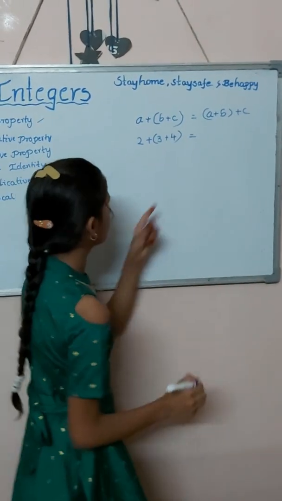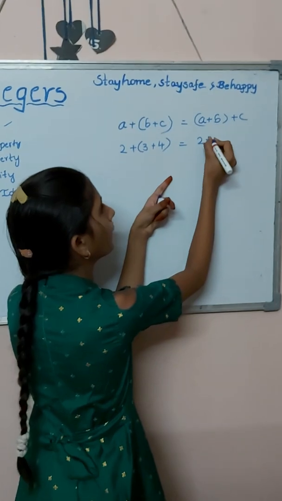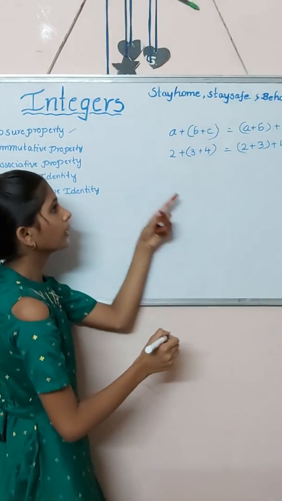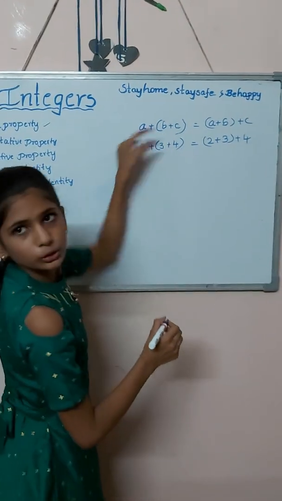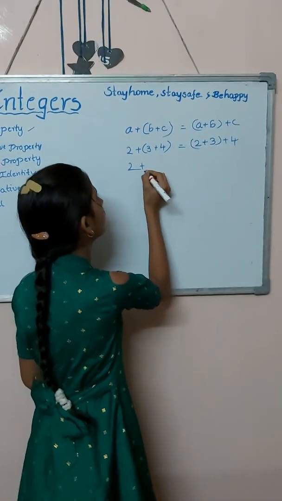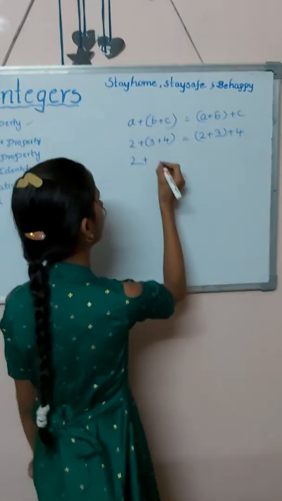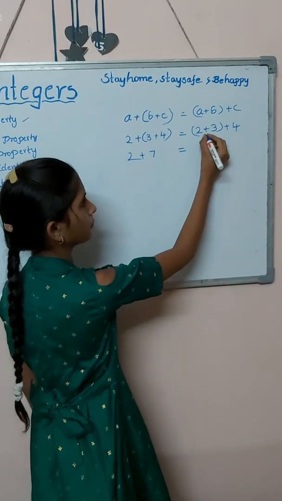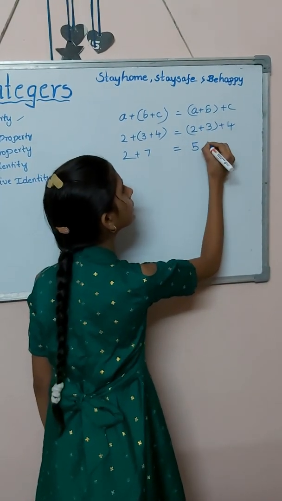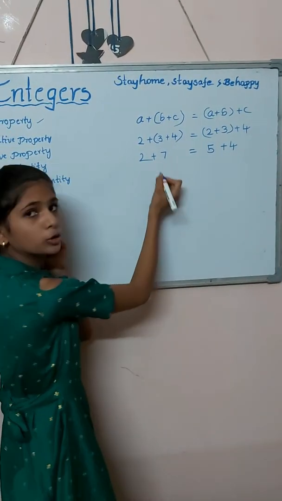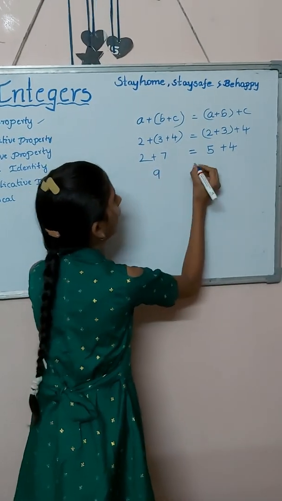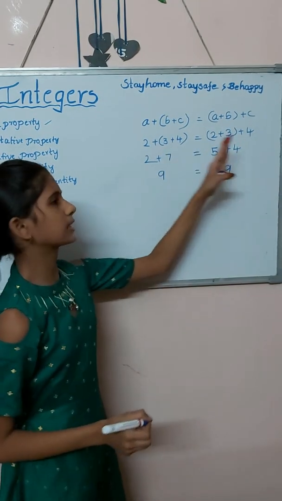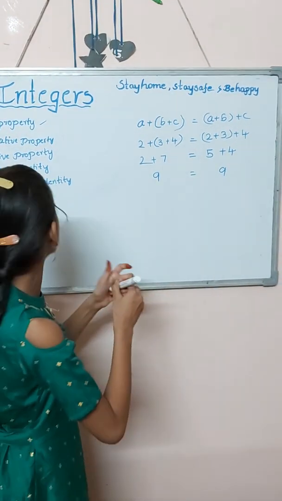Is it equal to 2 plus 3 plus 4 or not? First we want to do what is in the bracket. So 2 plus 7 is equal to 5 plus 4. 2 plus 7 is how much? 9 is equal to 9. We can do it like this also.